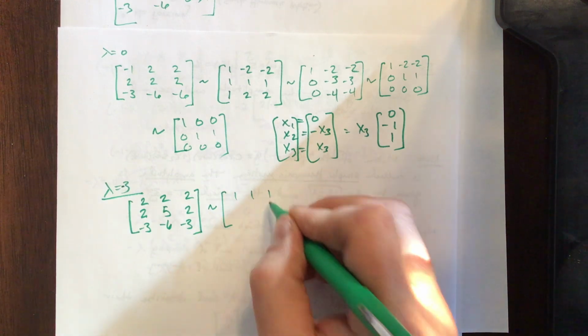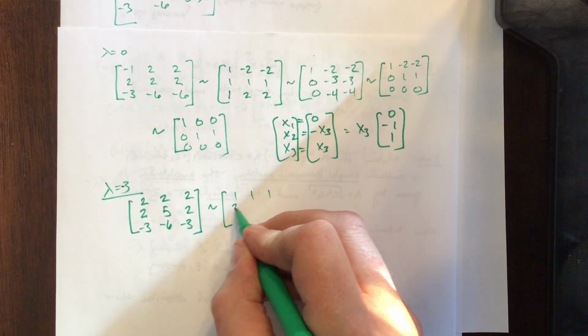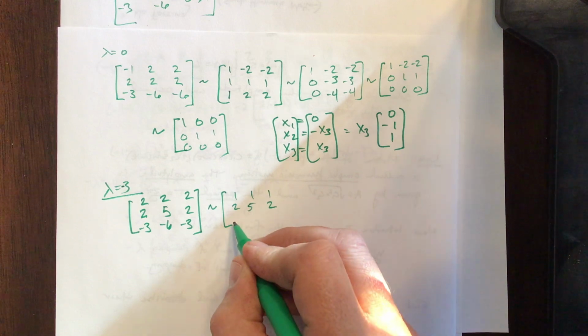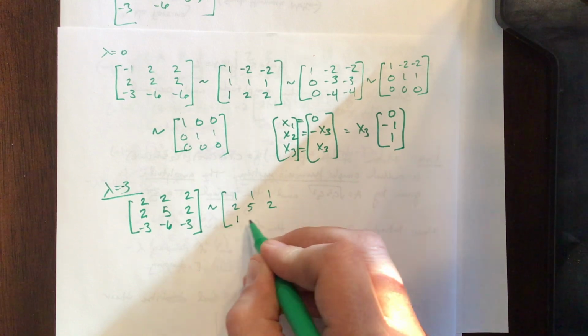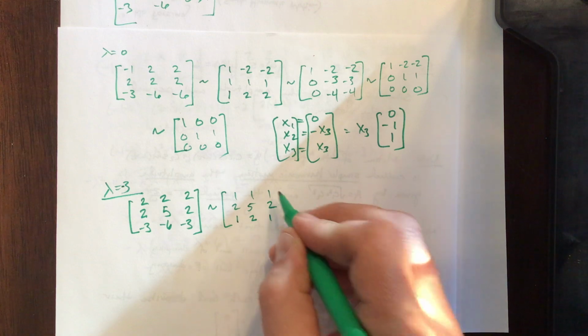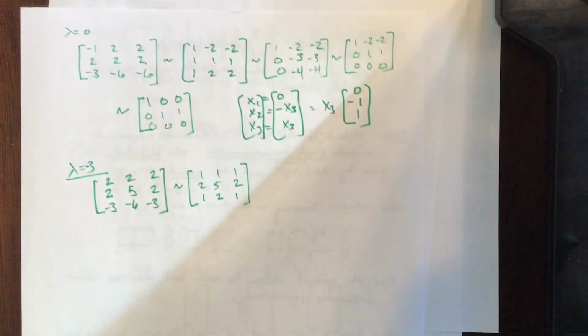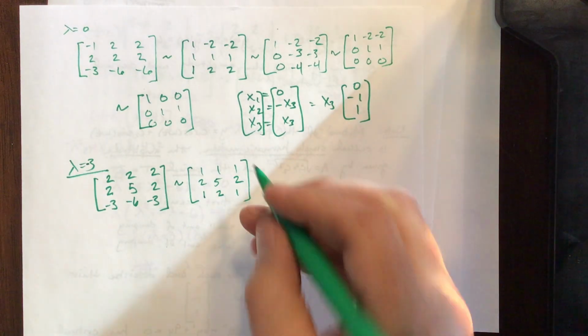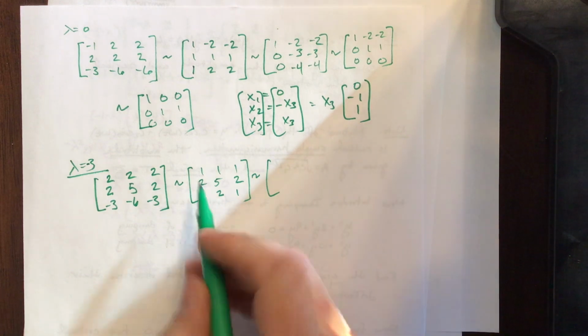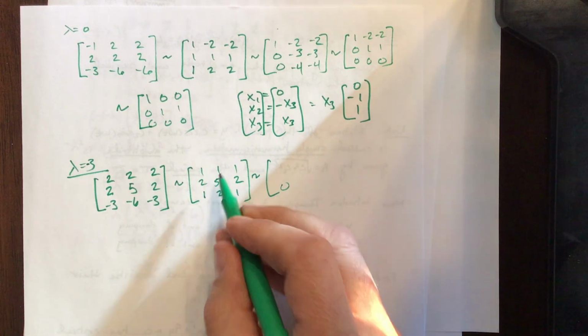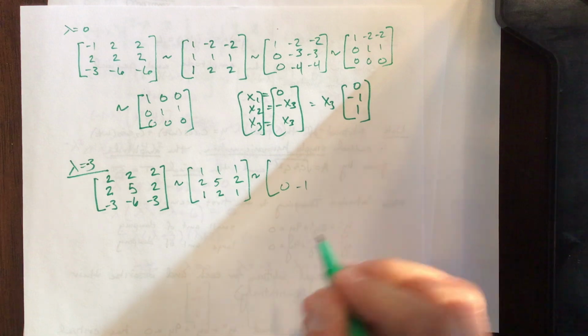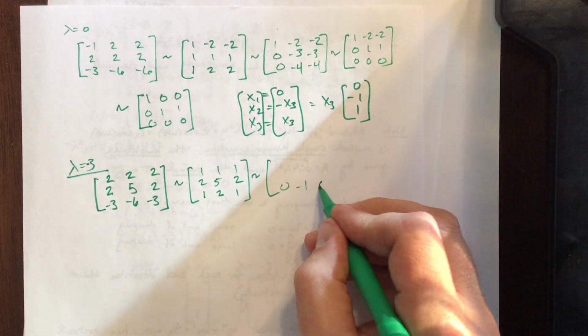So that's 1, 1, 1, 2, 5, 2, 1, 2, 1. And now we row reduce. So 1 minus 1 is 0. 1 minus 2 is negative 1. 1 minus 1 is 0.